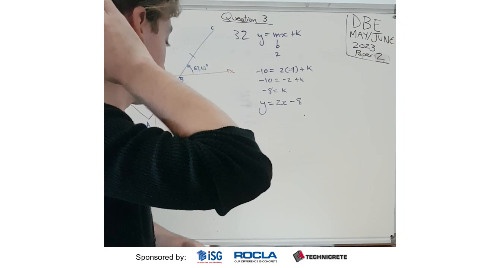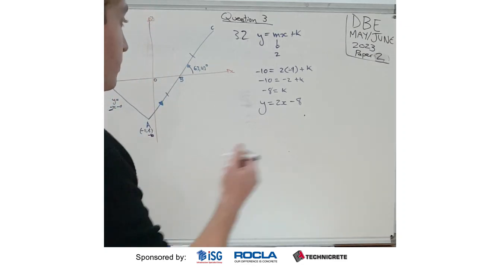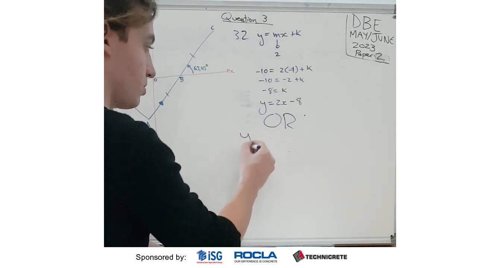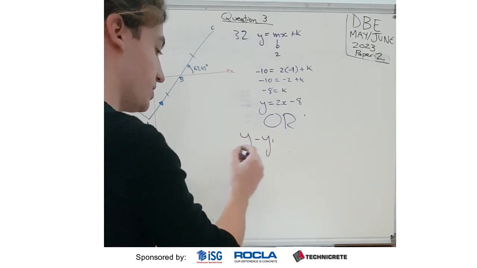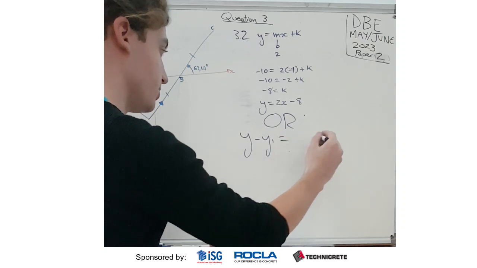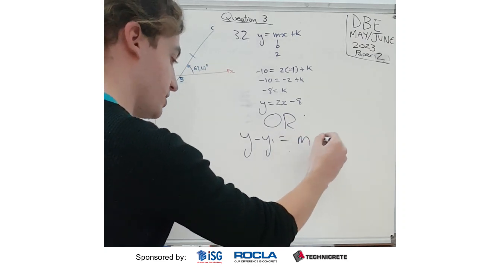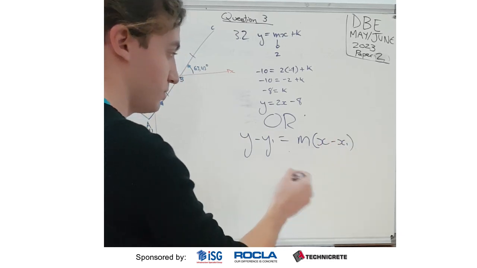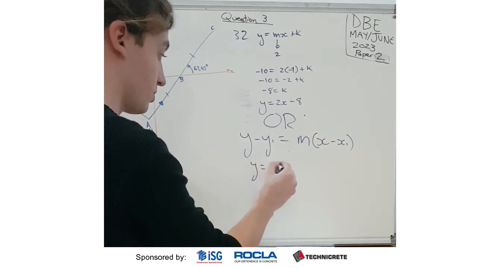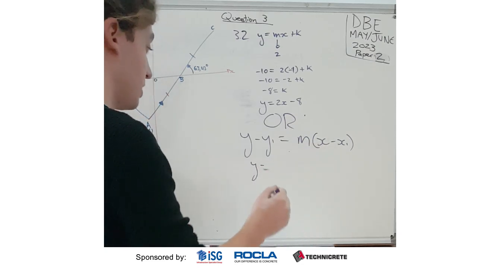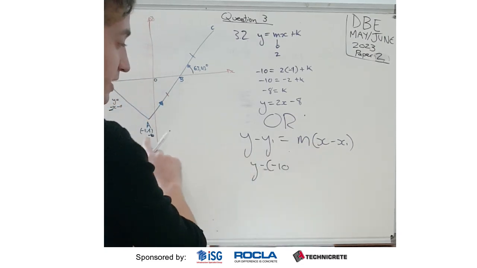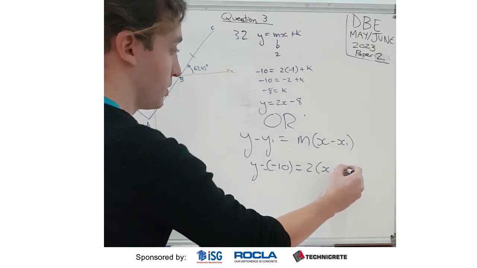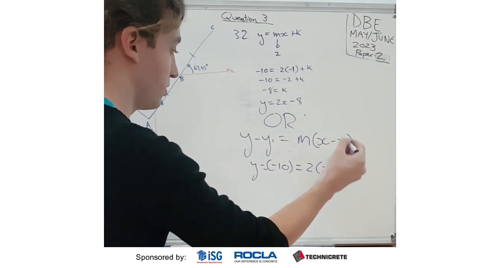Which I may as well go over now. Okay, so let's do an alternative. y minus y1 is equal to the gradient times x minus x1. Sorry, that's supposed to be a minus. Again, we're using the values of A, because that's what we know. That will become 2, and that should be -1.